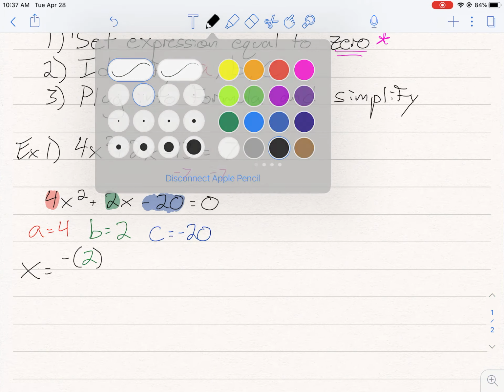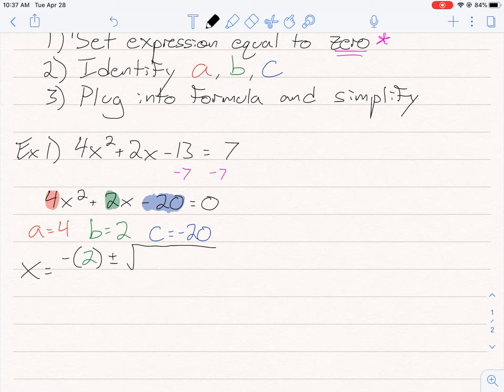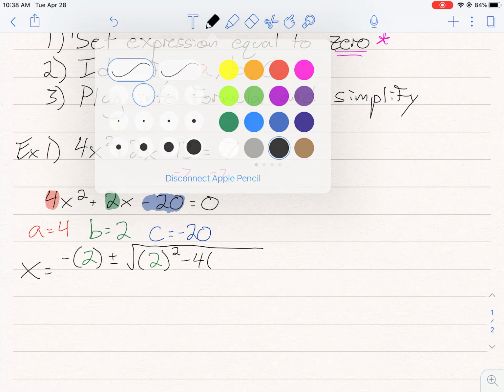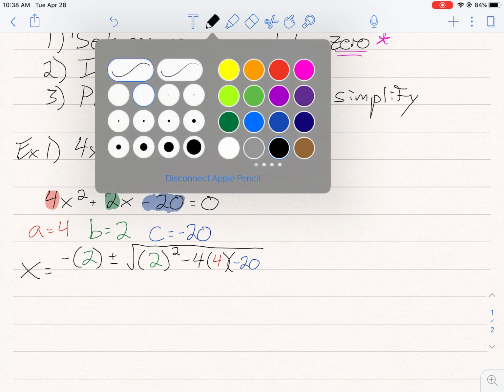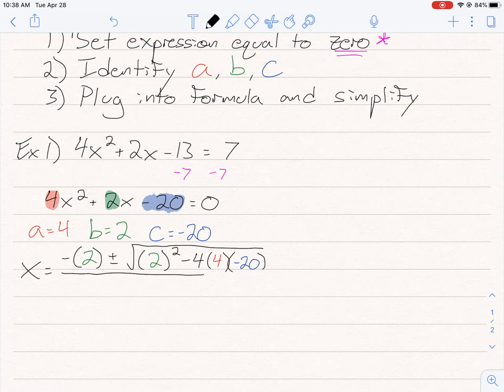B is a number, it's 2, plus or minus the square root of b squared, so that's 2 squared, minus 4 times a, which is 4, times c, which is negative 20, and then all of that is being divided by 2 times a, which is 4.